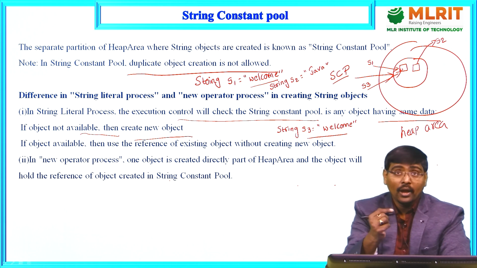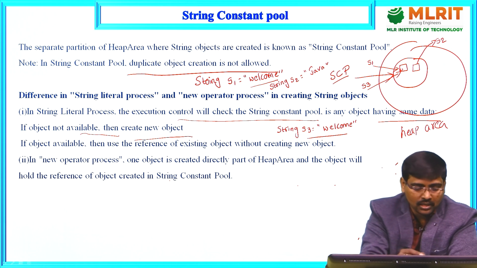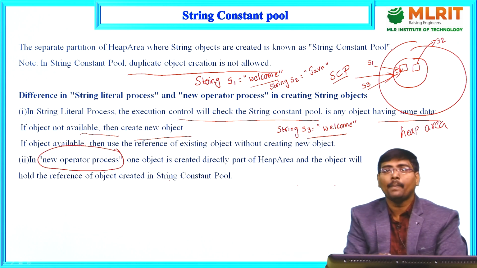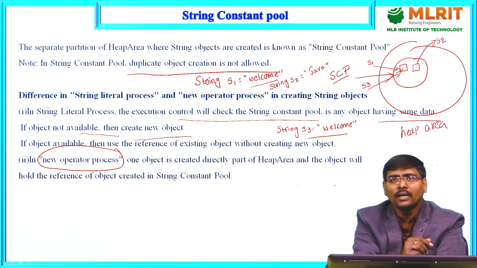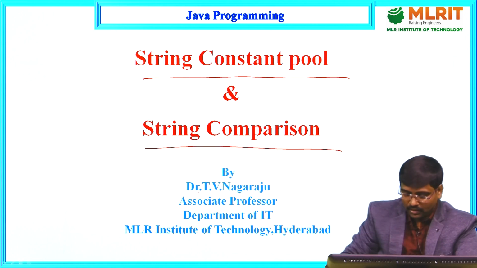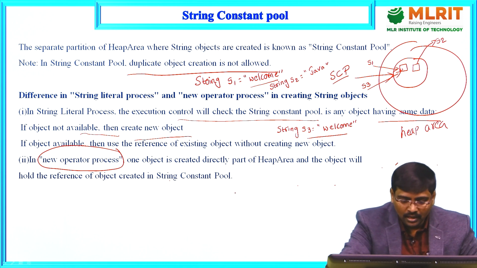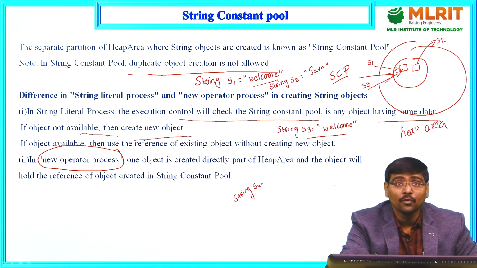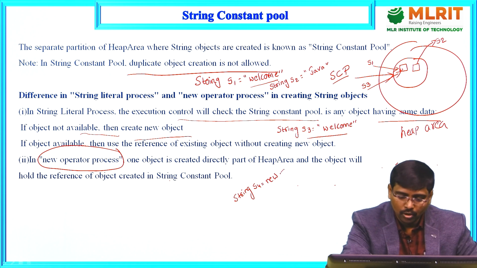Now, you have another way of string creation, that is by using the new operator process. What is meant by this one? Here you are creating the string like this. Suppose String S4 is equal to new String of welcome.